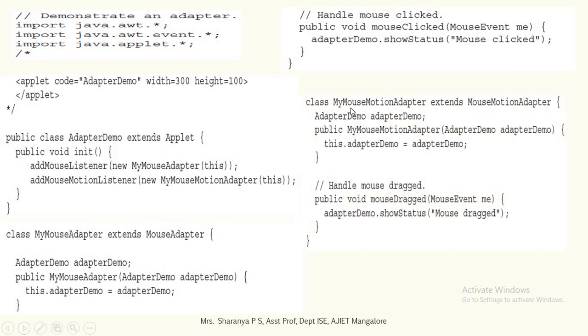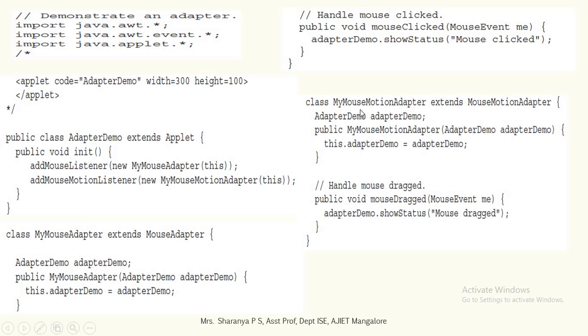And next, one more, under MouseMotionListener there are a total of 2 different methods. One is mouseDragged, and one more is mouseMoved. So here I am defining only one method, that is mouseDragged. I have omitted overriding the mouseMoved method. That is nothing but the code which I need to write inside, by using this MouseMotionAdapter.